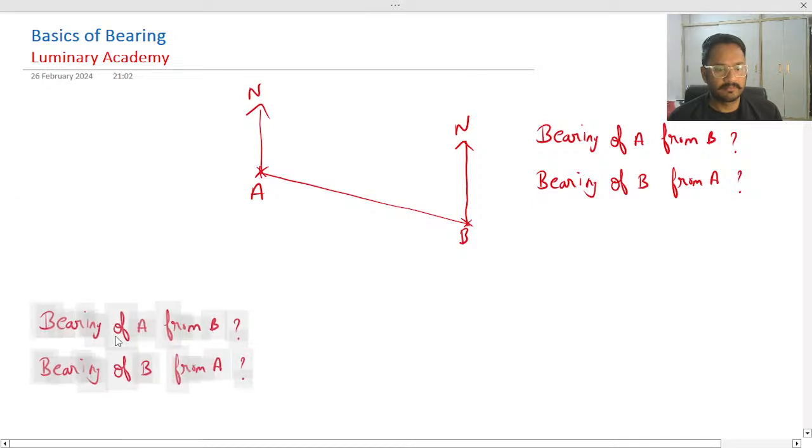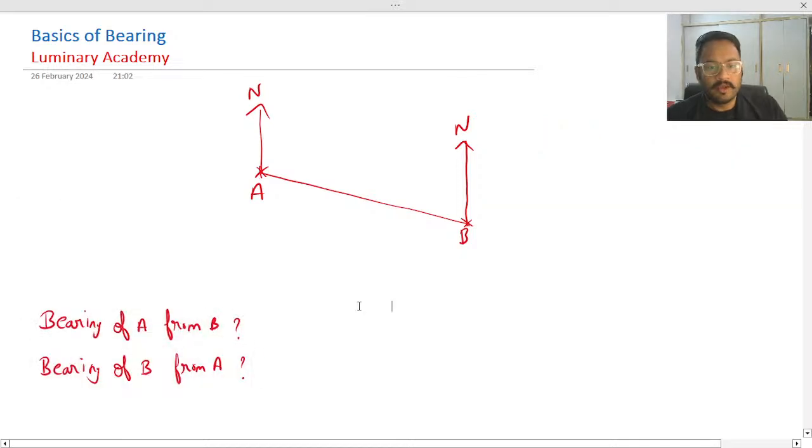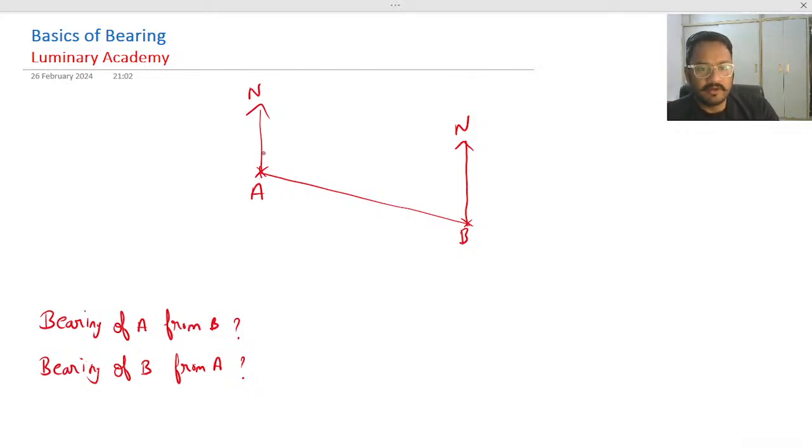First, you need to find the bearing of A from B. Whatever is written after "from", you need to go to that position. So for bearing of A from B, you go to B and measure clockwise like this to get this angle.